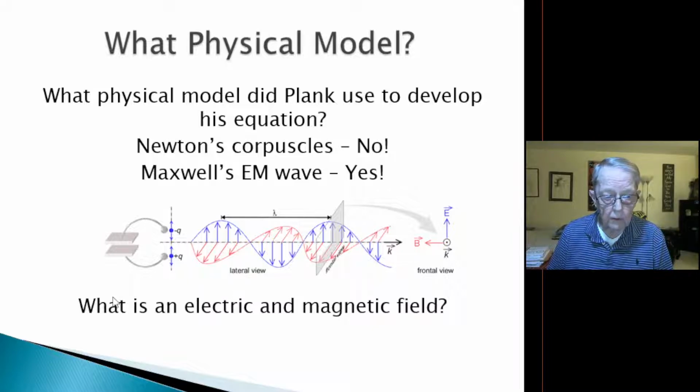What are fields? What is an electric and magnetic field? They never tell us. It's one of David's famous questions. Well, just tell me what a field is. And they don't say so. I don't know that Maxwell or Planck actually had a physical model to work with, but he did talk about large chunks of energy that would be excluded at high frequencies.